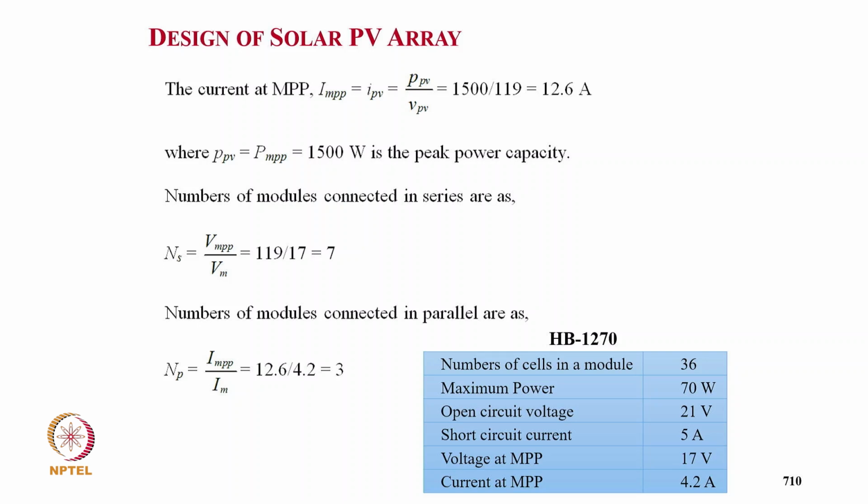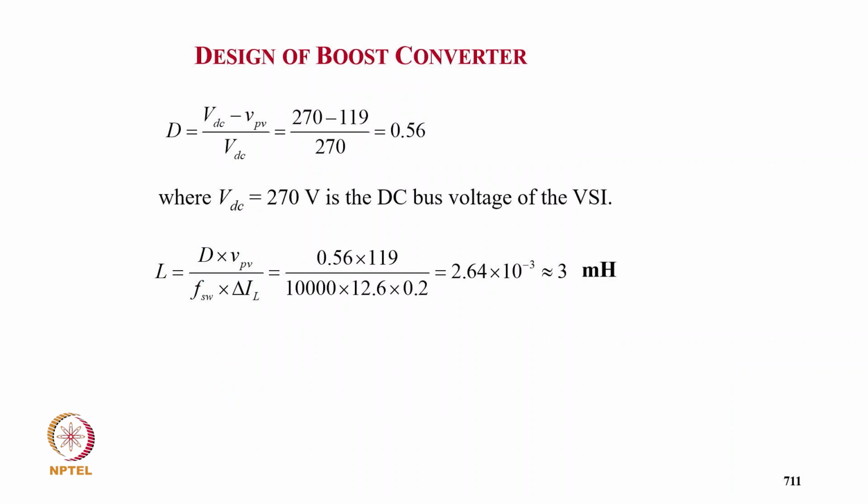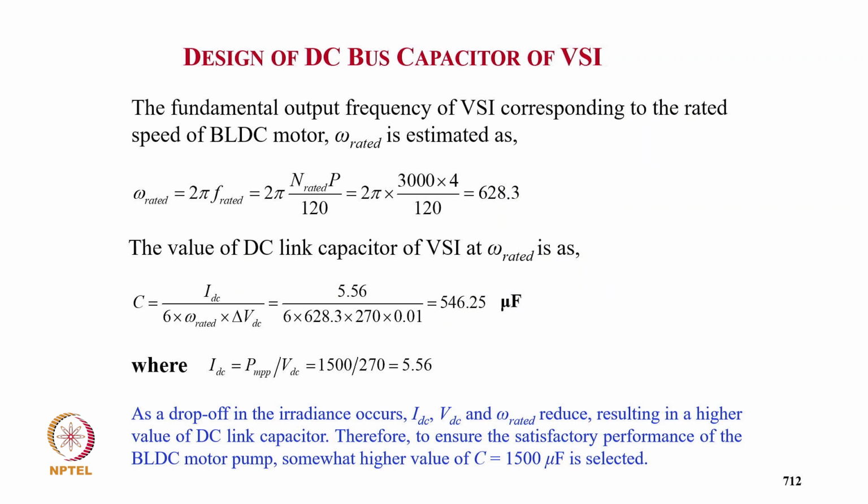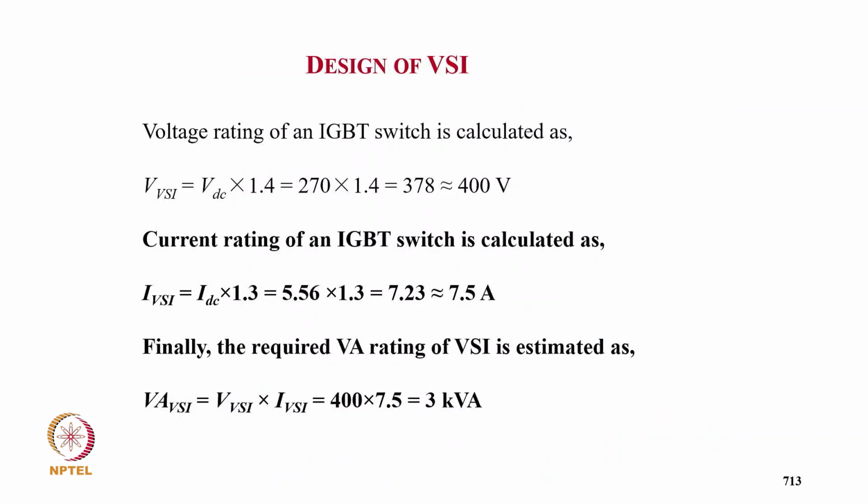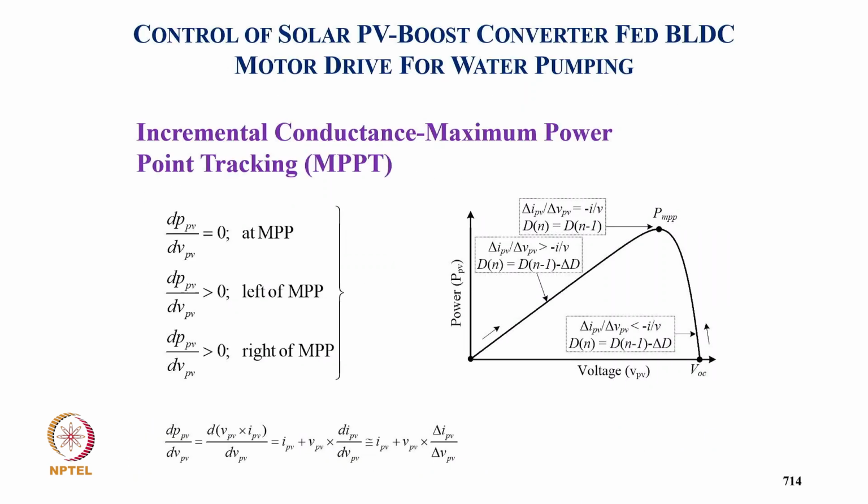We select the PV array of 1500 watt, with the voltage of 119 and current of 12.6. And then we get the cell selections, and we get the inductance of the boost converter by design as 3 millihenry, and the capacitor selection is 542.26 microfarad by design, and then the VSI voltage source inverter design.